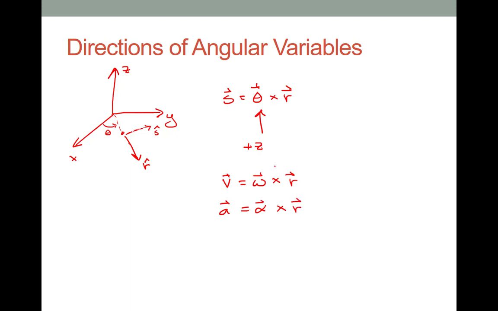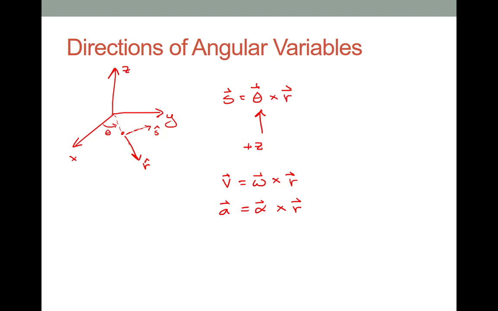So all of the angular variables are going to be directed perpendicular to the plane of rotation. In this case, the picture I've drawn, the plane of rotation is the xy plane, and omega, alpha, and theta will point perpendicular to that, meaning they're going to be either in positive z or negative z.